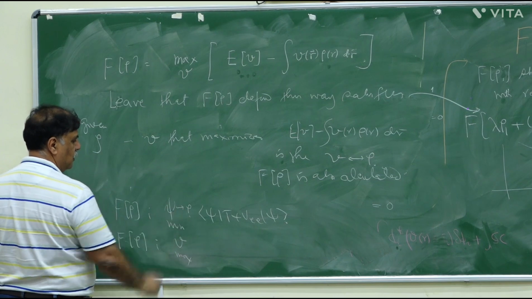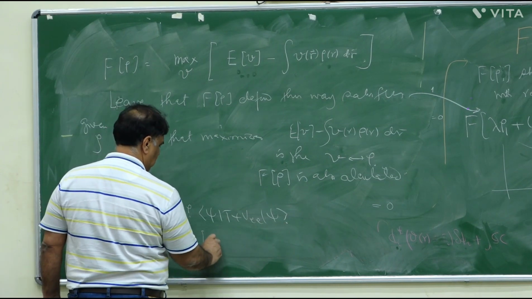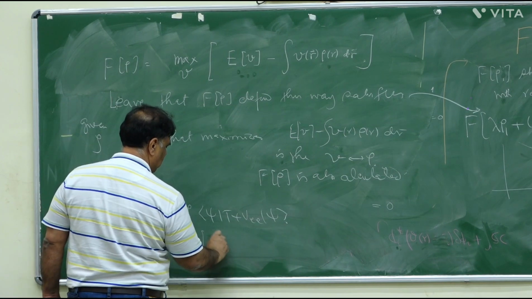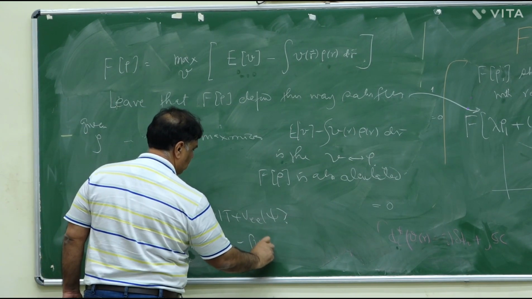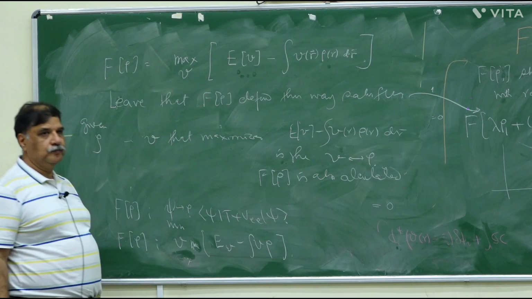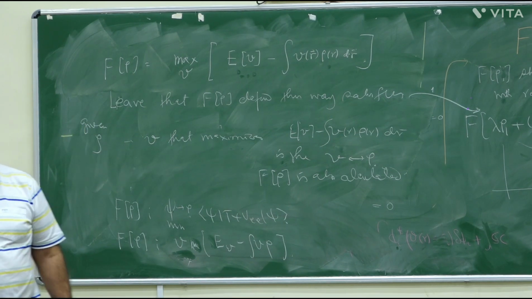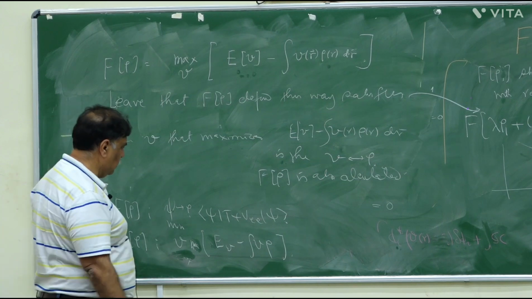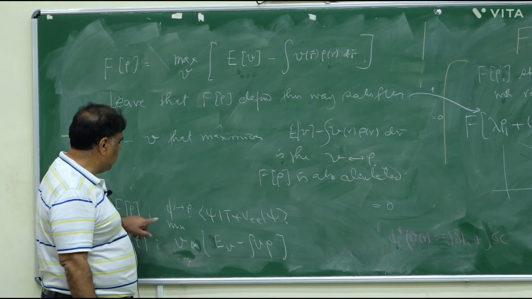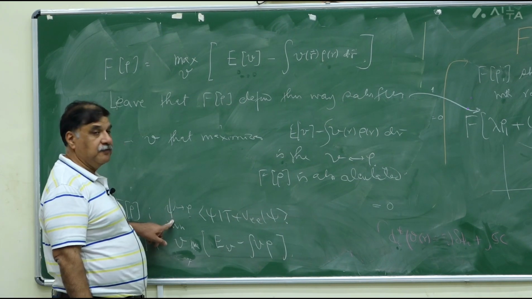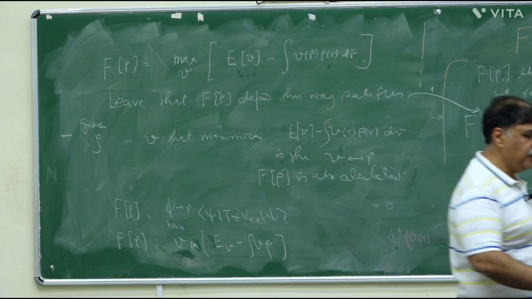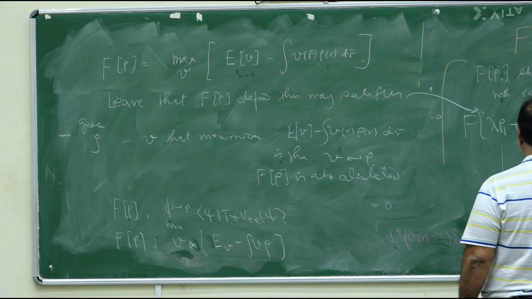I'm not putting any restriction of this giving rho. Now I promised that I'll tell you that there is a map. So I've given a map from rho to psi to this, and this gives me a map from rho to V also.